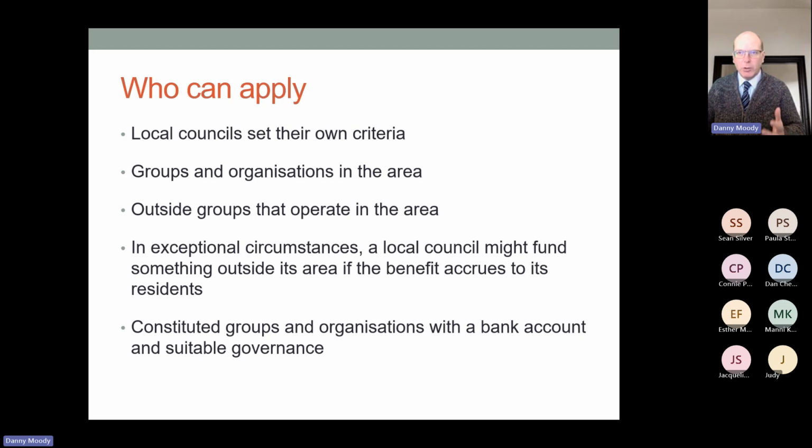So a parish council could say, well, look, normally we require a constitution and evidence of a bank account and so on, but we recognise the exceptional circumstances that exist in this situation, so we are willing to award a grant. The parish council would still want to sense check it and risk assess it.